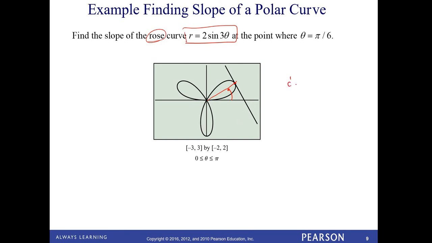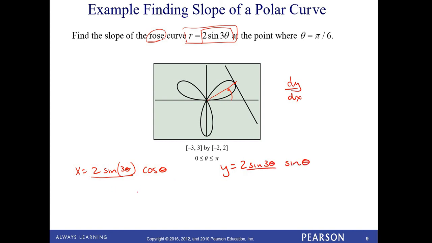To get a tangent line, I need dy dx. So the first thing I want to do is put this into parametrics. So x equals, again, r cos theta. So in this case, r is 2 sine 3 theta. So 2 sine of 3 theta, and again, that's all r. And x is r cos theta. y is r, substitute in. y is r, that's my r value, sine theta.